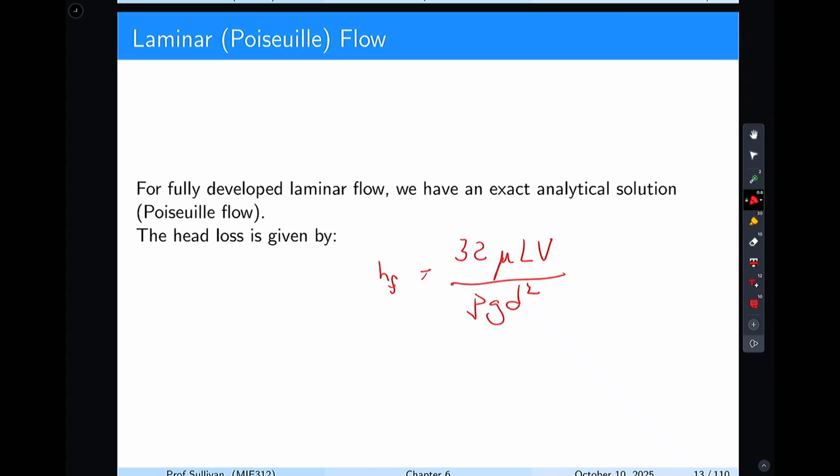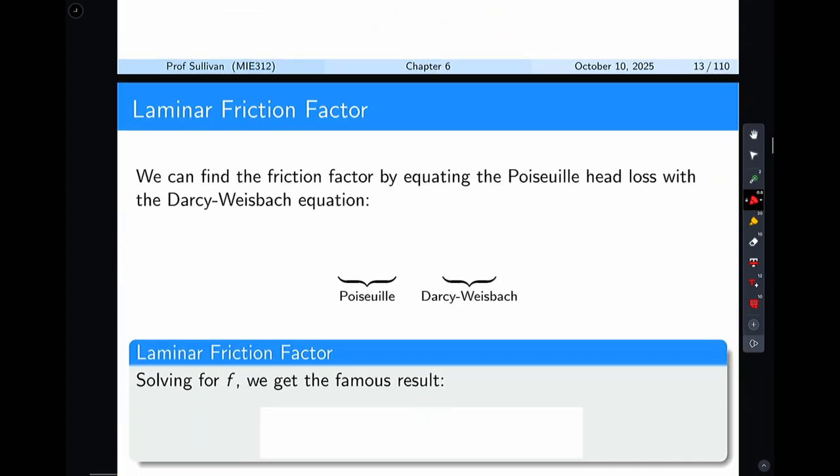So diameter, fluid properties, and flow properties define what's happening. We can set that equal to f L over D, V squared over 2g.